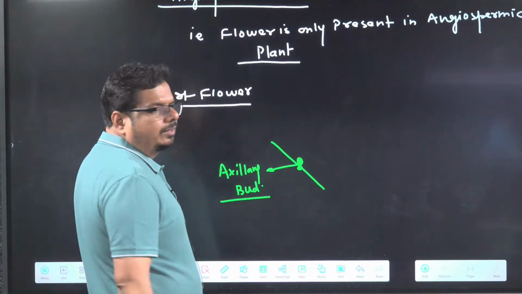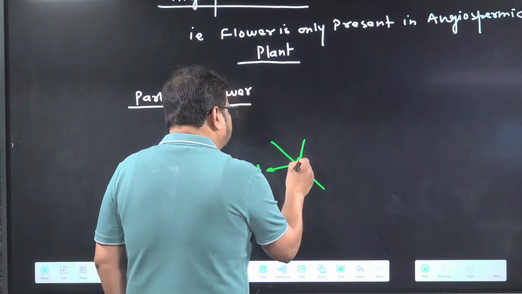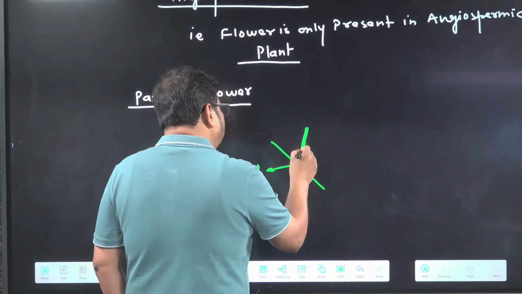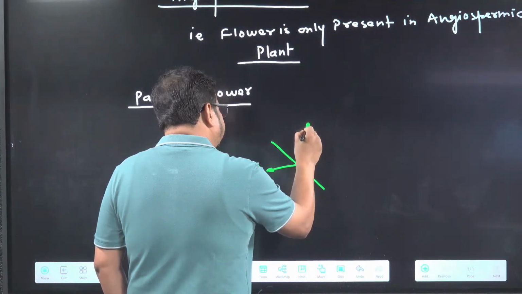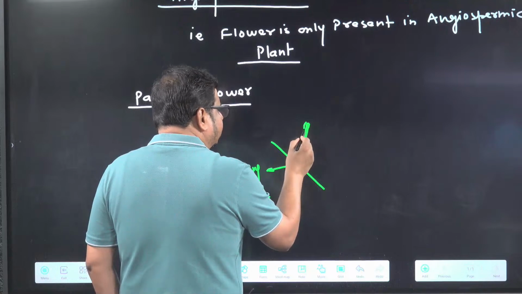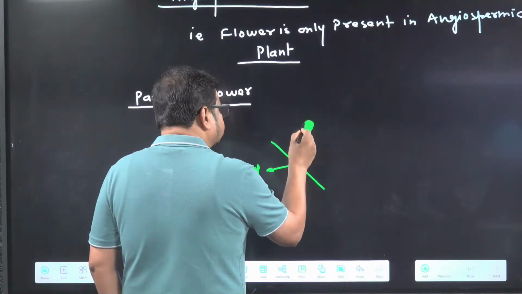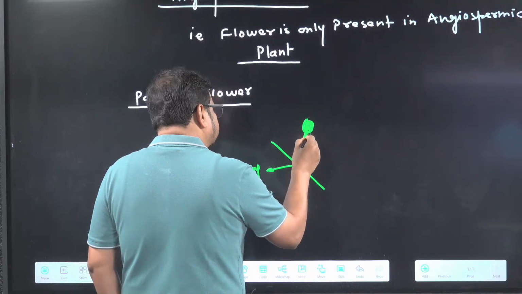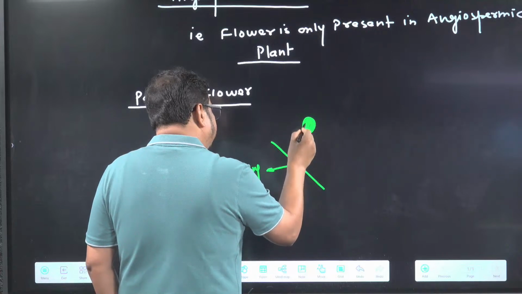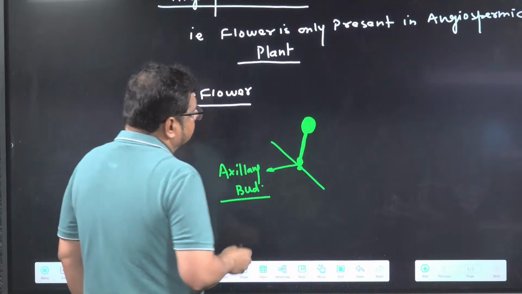Flower. I already told in the last class. So what happened? These shoots will grow but remain condensed, and at the tip region, it becomes swollen. Getting the idea or not?